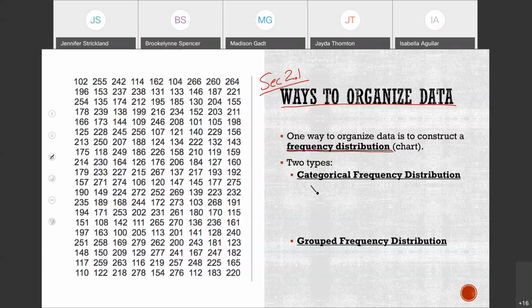So I'm going to put this right here. We're going to use this if the data is not numbers. And then if the data is numbers, like what we've got on the screen, we're going to be doing a grouped one.